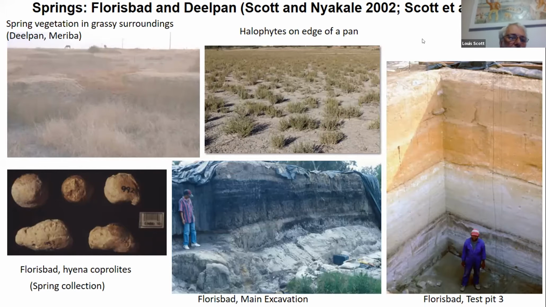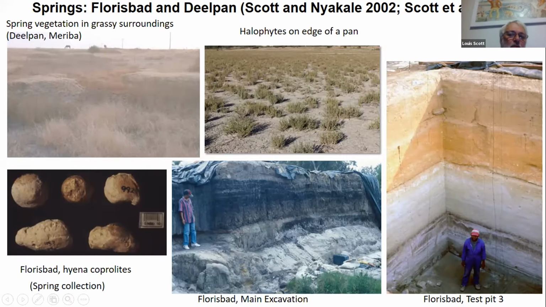So together with the fossils, you also have coprolites and so on that have pollen, and that was quite useful. And then you can see the different kinds of environments in the surroundings of the spring.